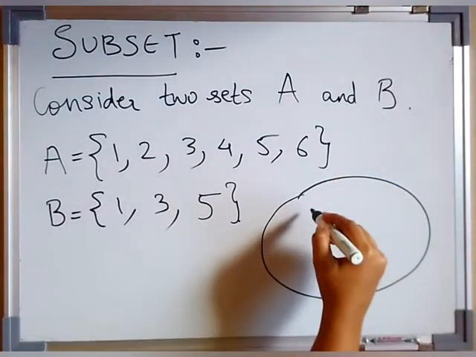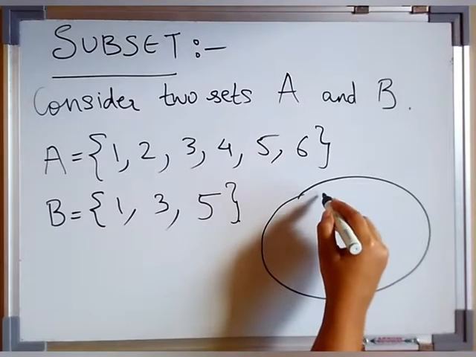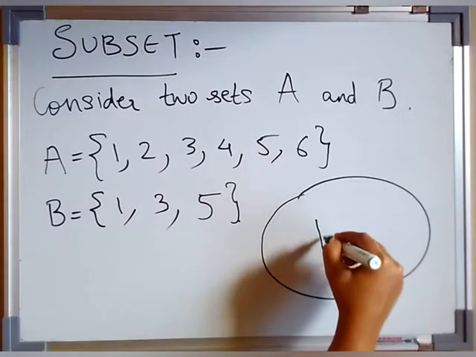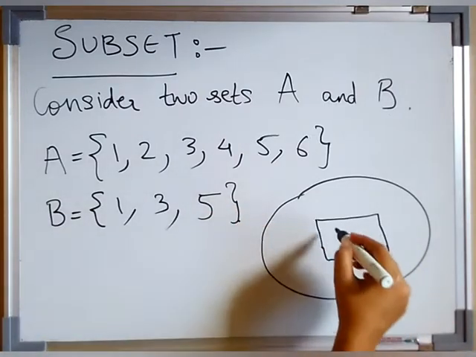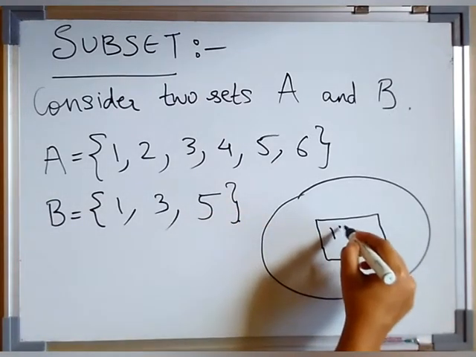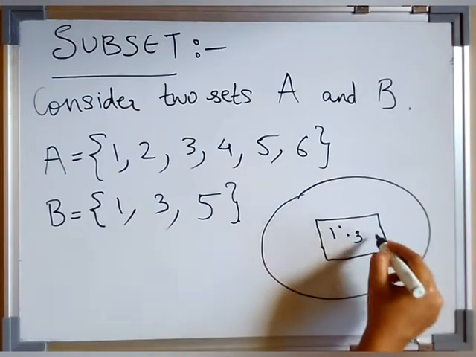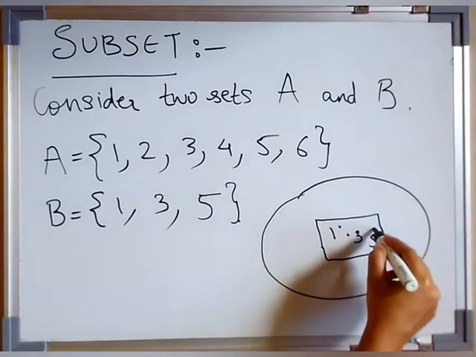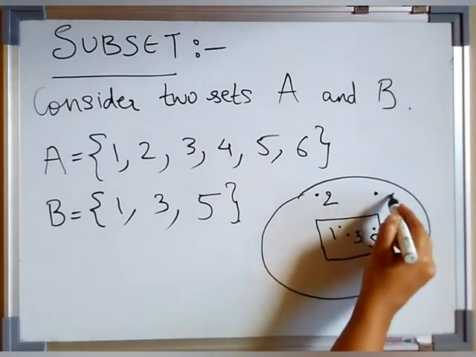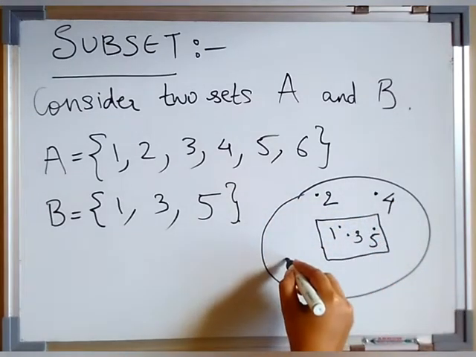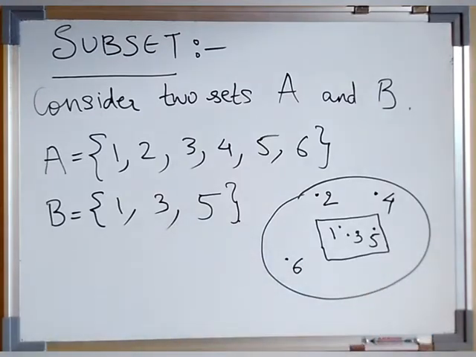This is my A. I will use another small figure within it to represent B, because B is a part of A. Within B I will write 1, 3 and 5, and the rest of the numbers I will write outside: 2, 4 and 6.